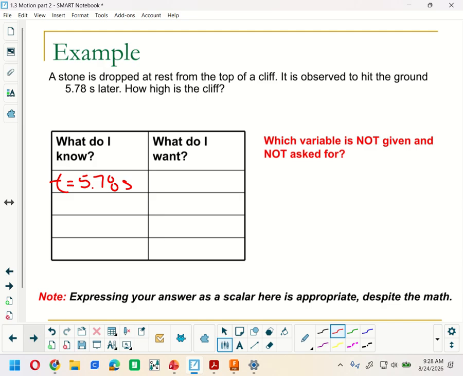You have to get this from actually reading through it by understanding what the problem is saying.